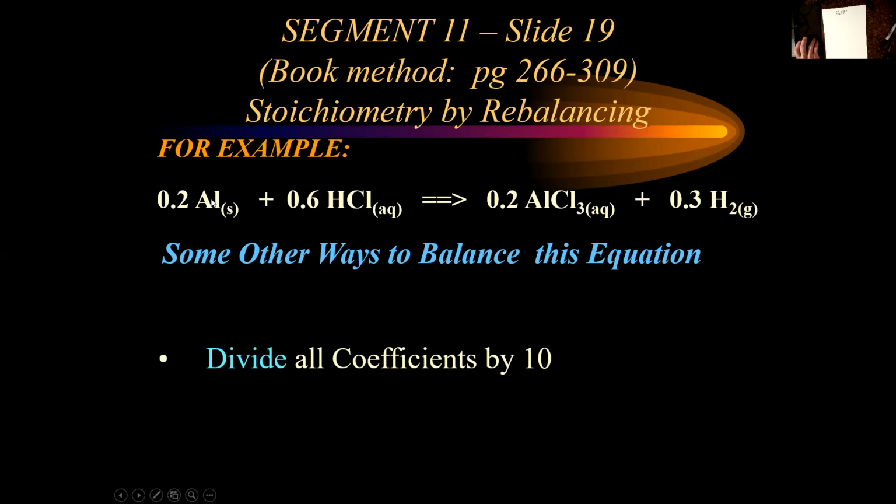There's no way this can be interpreted in atoms and molecules. You can't have 2/10 of an atom. So we've lost that relationship within the balanced equation, being able to interpret it in terms of atoms. I can't have 6/10 of a molecule of hydrochloric acid either. But I can have 6/10 of a mole.